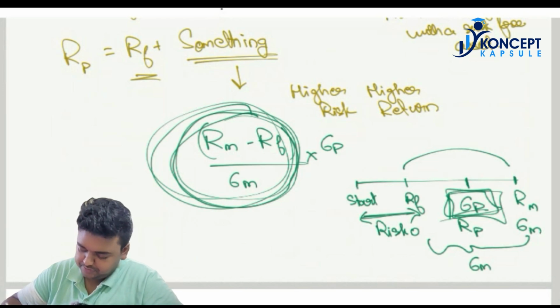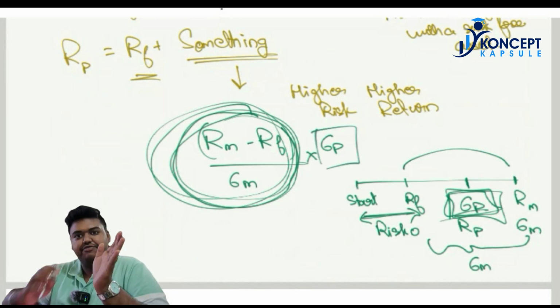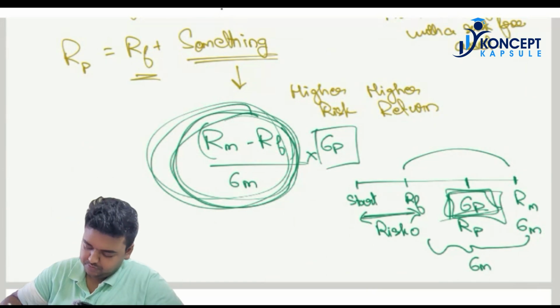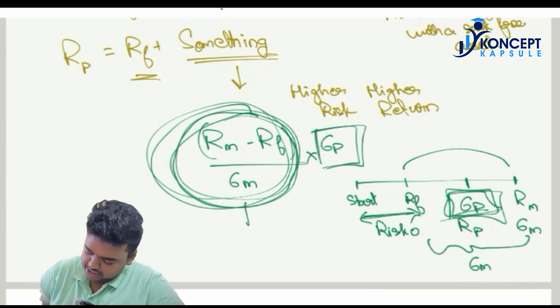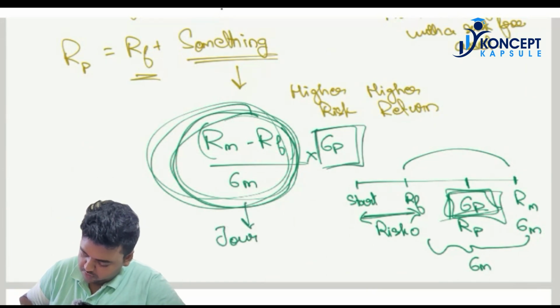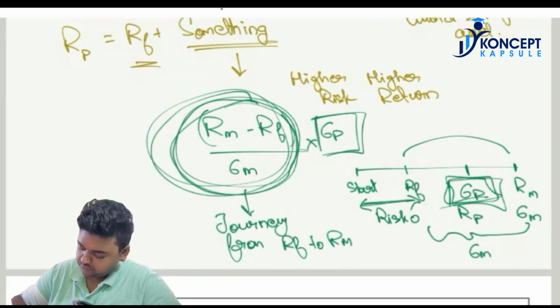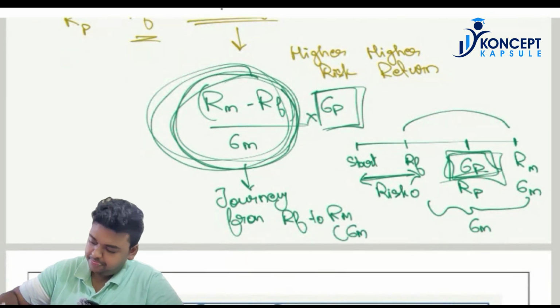Or can I say I have achieved the journey from RF to RP? This is the journey from RF to RM, and we needed a fuel of sigma m.